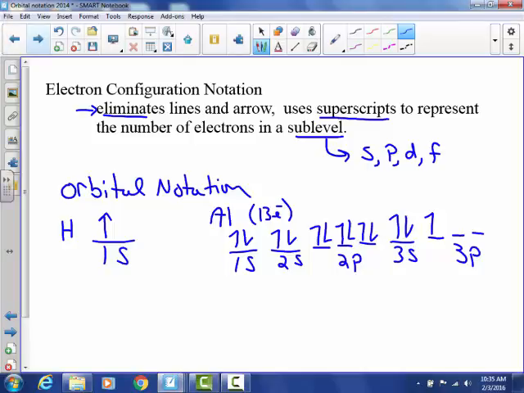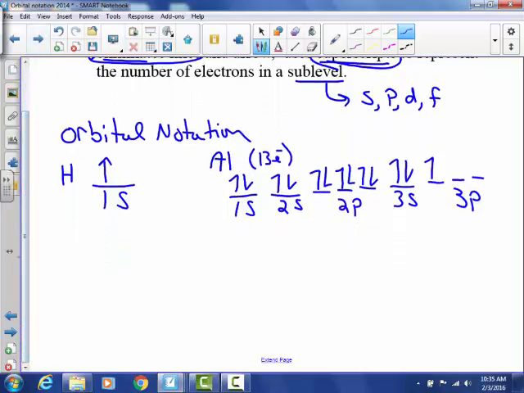So, essentially what electron configuration does is we're going to eliminate the lines and we're going to use superscripts. So, for orbital notation for hydrogen, and we'll always start simple with hydrogen, we essentially eliminate most of this.